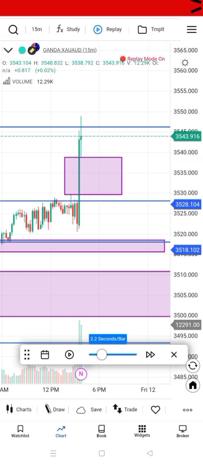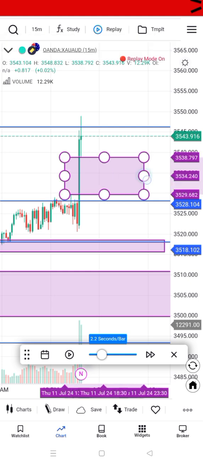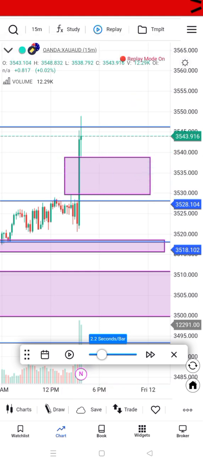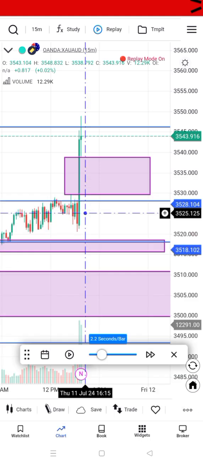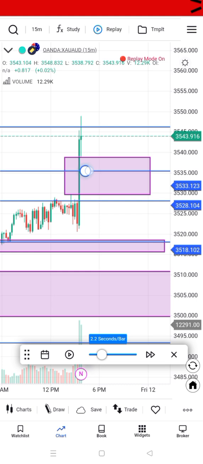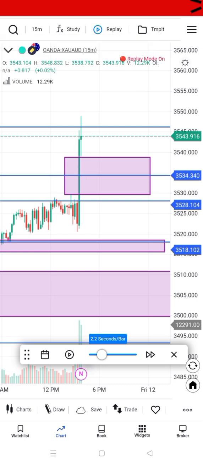So let me draw for you that fair value gap, which we should now have an interest in, because the market must come to fill something we call the inefficiency. So that space there which has been created, the market must come back to fill that space.